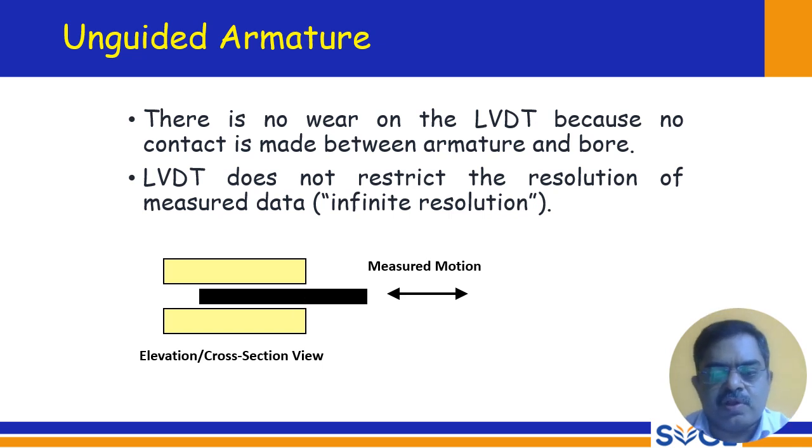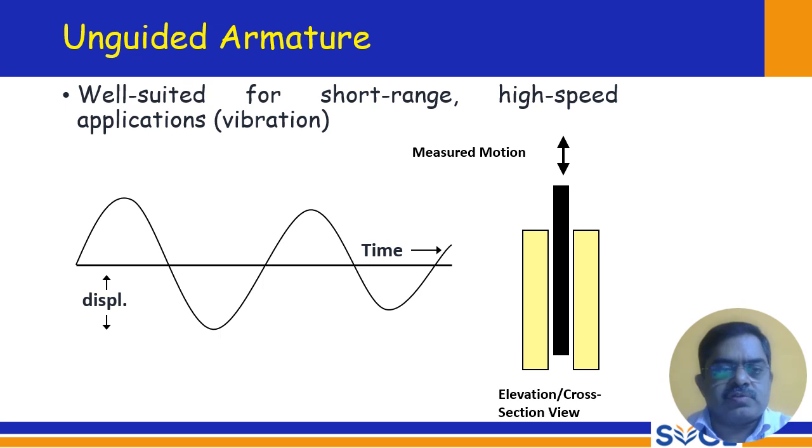So the core is moved in an unguided way, and it should be properly placed and aligned always. The unguided armature is well suited for short range, high speed applications, vibrations. So here this is the displacement with respect to time, and this is the motion, and for this movement the displacement is measured and the waveform is drawn.